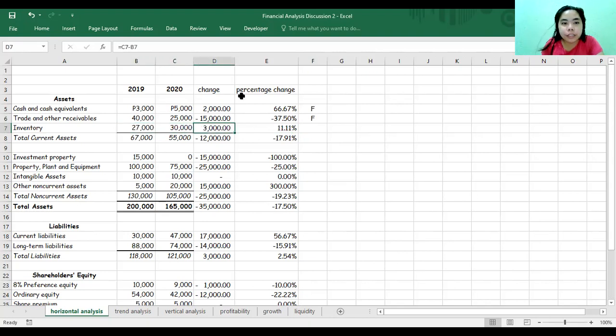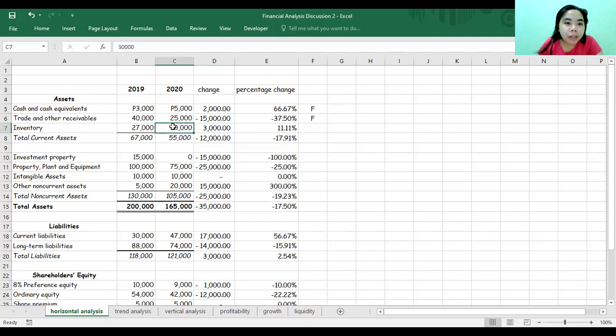The 3,000 is not that big an effect, but if your business is quite small, then 3,000 is big. But if the business is big, then 3,000 is not that big. So it's not a big deal. I'll just leave it at that.